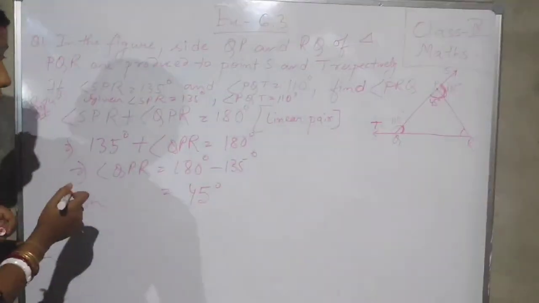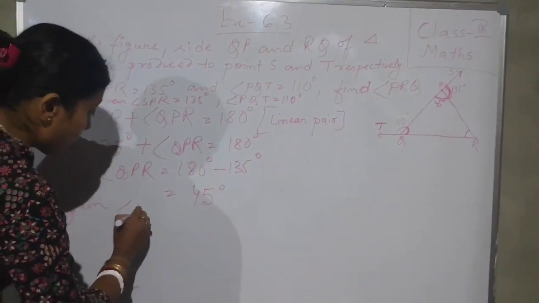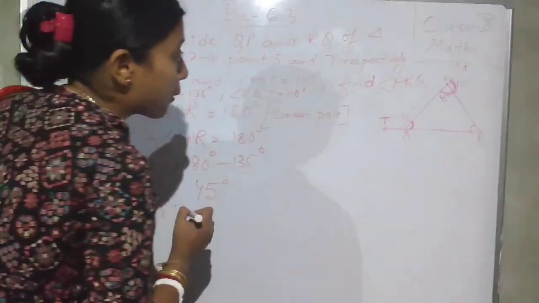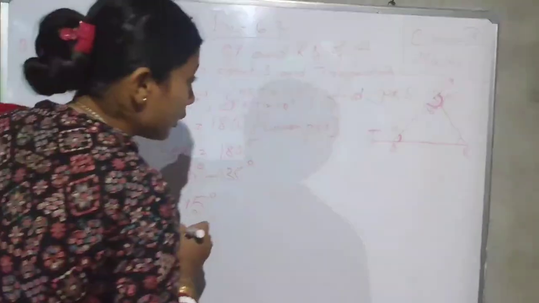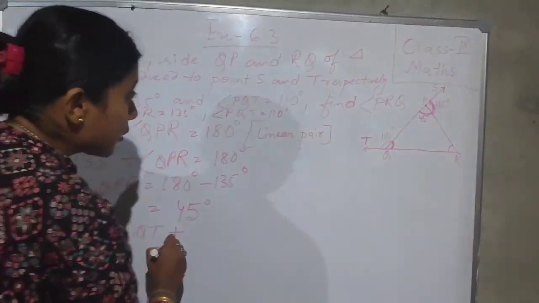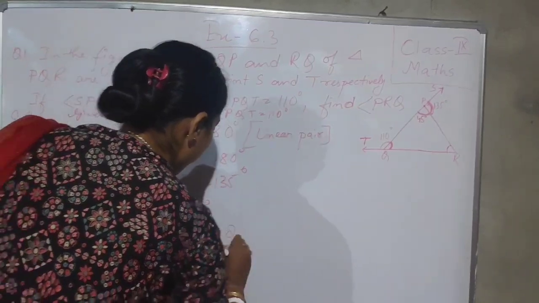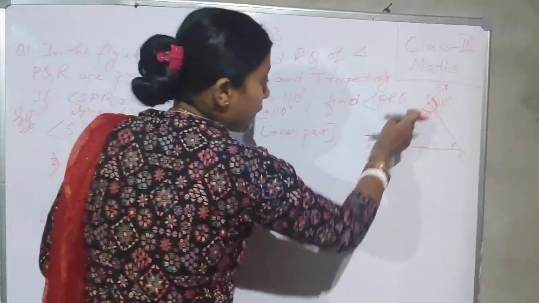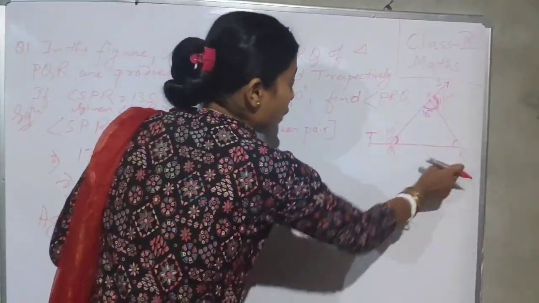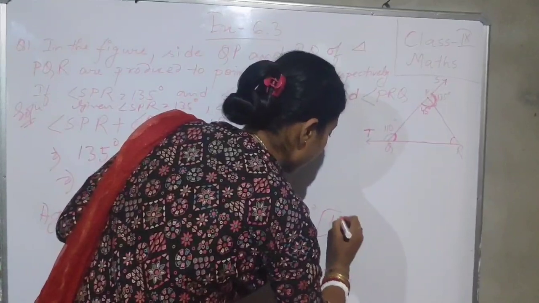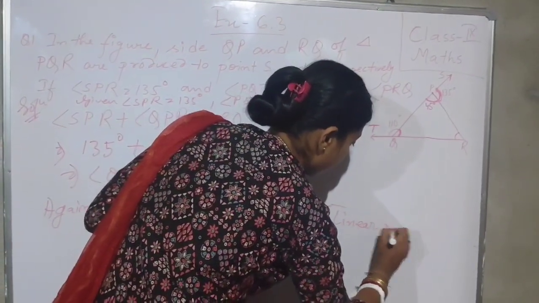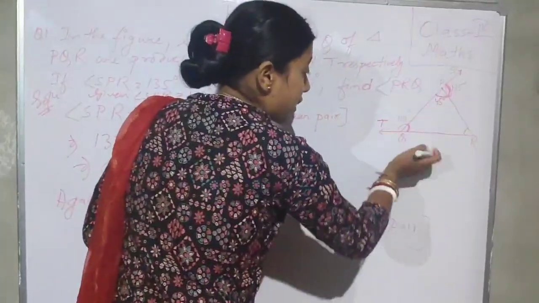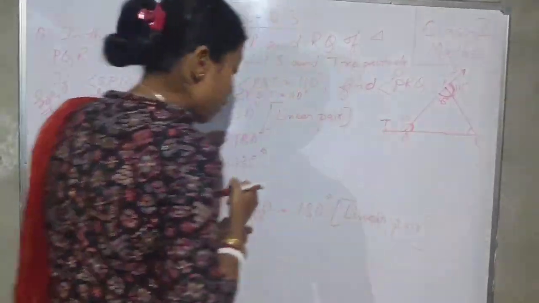So angle PQT plus angle PQR equals 180 degrees, right? This is also a linear pair, as RT is a transversal and Q is the same point.